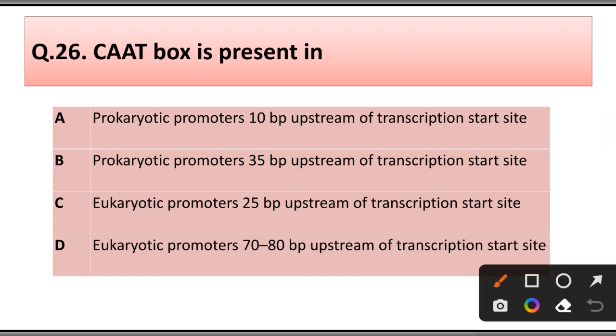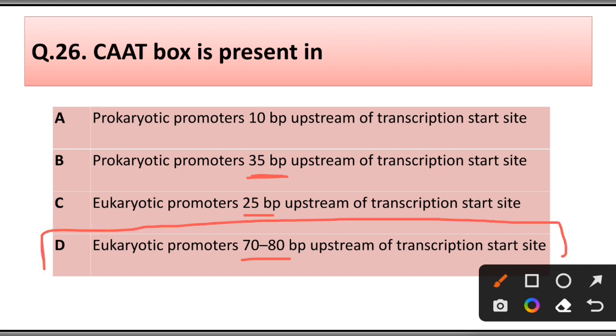CAAT box is present in: prokaryotic promoter 10 base pair upstream of transcriptional start site; prokaryotic promoter 35 base pair upstream of transcriptional start site; eukaryotic promoter 25 base pair upstream of transcriptional start site; eukaryotic promoter 70 to 80 base pair upstream of transcriptional start site. Correct answer is option D. CAAT box is present in eukaryotic promoter.